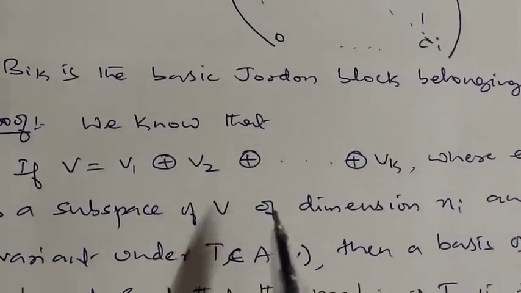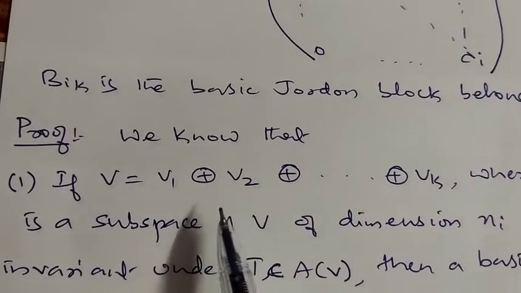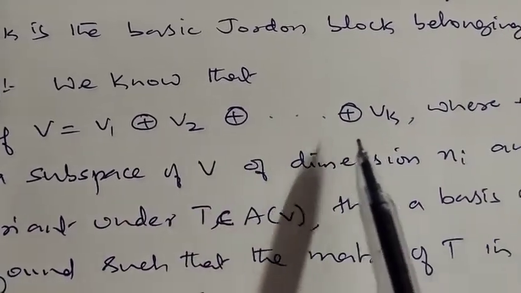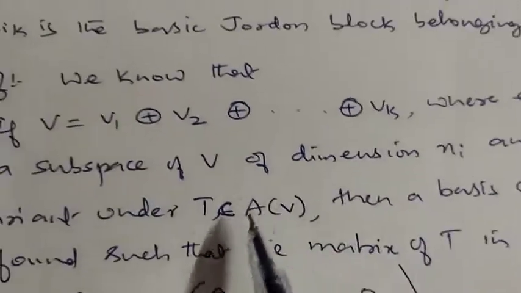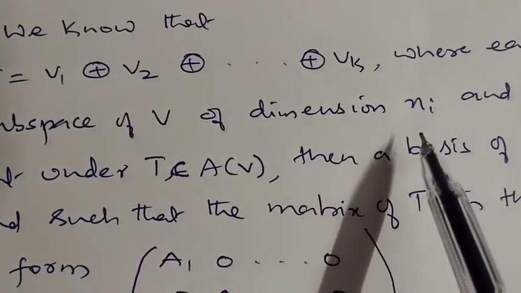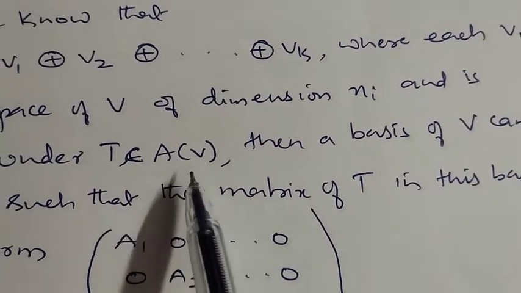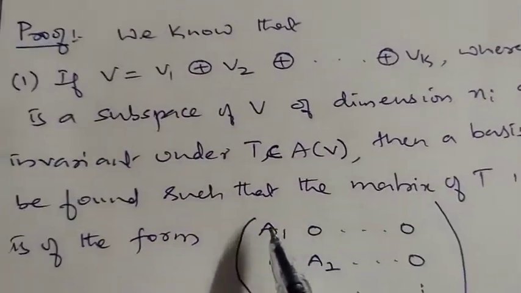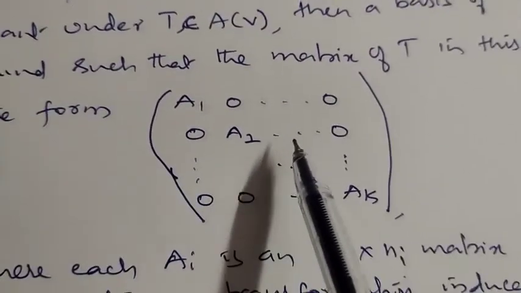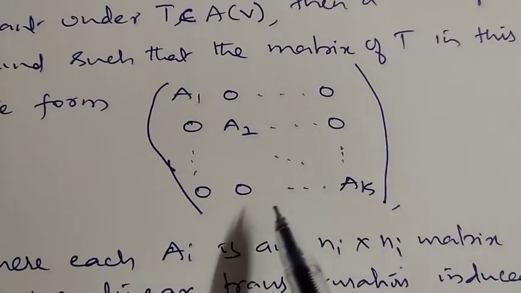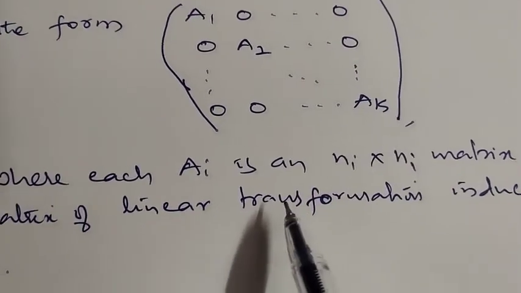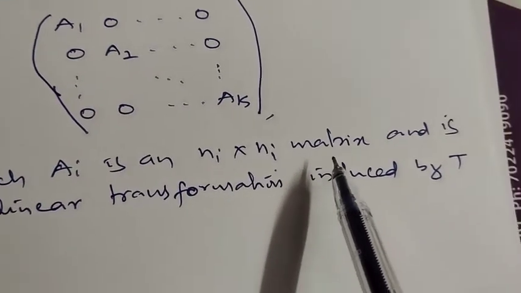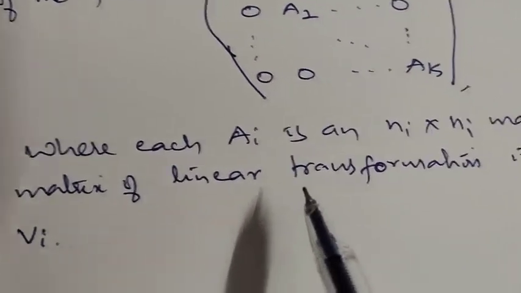We have already proved two results. First: if V is the direct sum of V1, V2, ..., Vk, where each Vi is a subspace of V of dimension Ni and is invariant under T, then a basis of V can be found such that the matrix of T in this basis is of the form A1, A2, ..., Ak on the diagonal, where each Ai is an Ni by Ni matrix and is the matrix of the linear transformation induced by T on Vi.